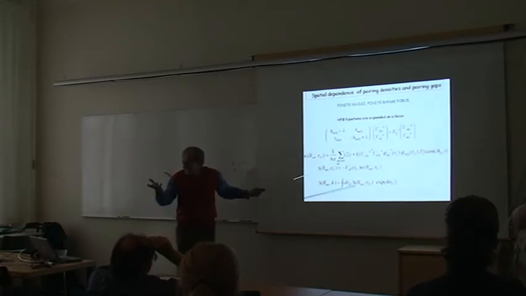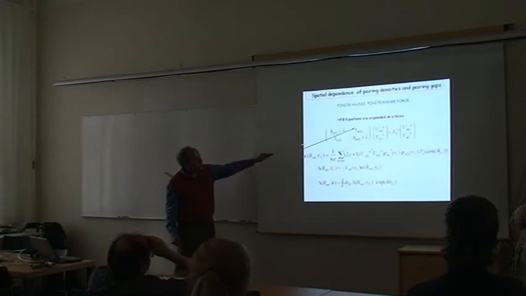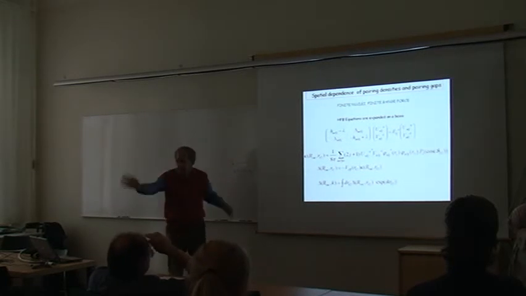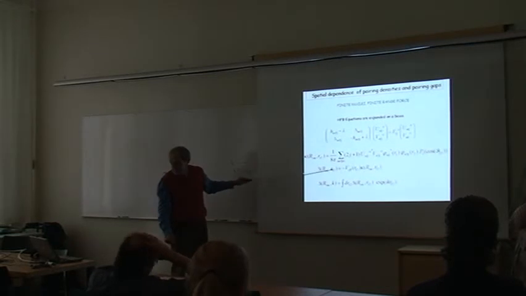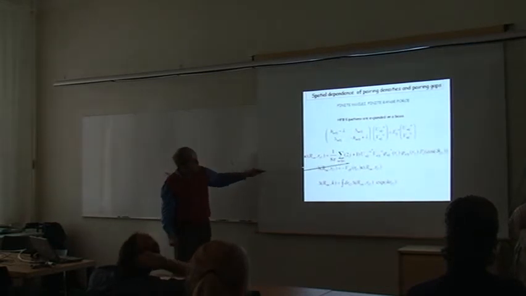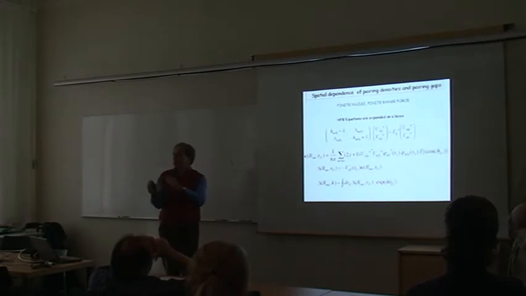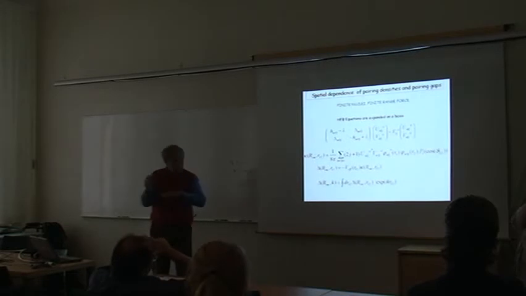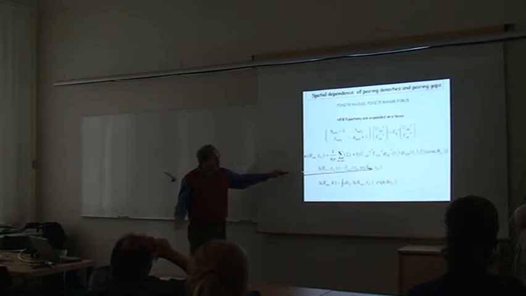But this is technique. I just want to show you that you can define a pairing field with a matrix element like this one in your basis. It depends on the center of mass of the Cooper pair and on the relative distance. And this is the product of the effective interaction that you use in a simple case, which depends on the relative distance between the two interacting neutrons, multiplied by this Cooper pair wave function, or abnormal density.